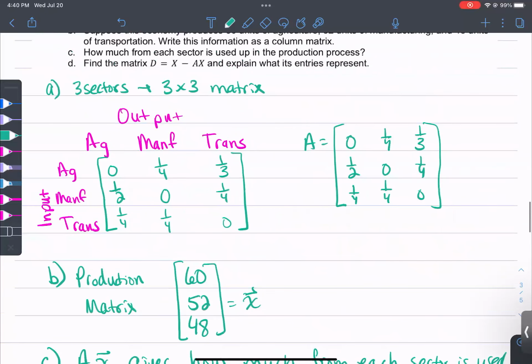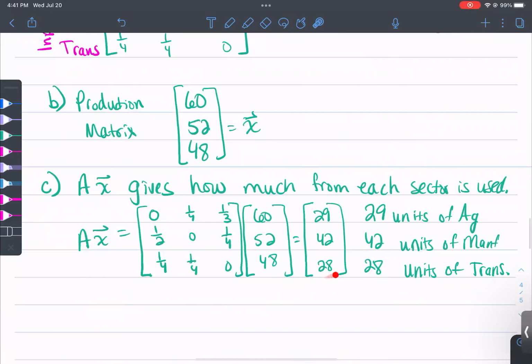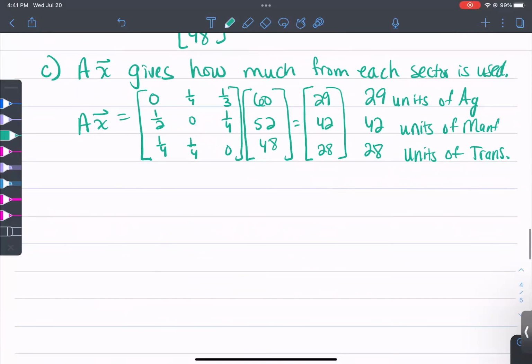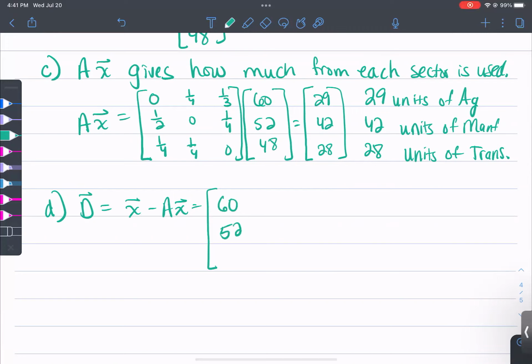Okay, and then part D asks us to find the matrix D, which is X minus A times X. So X is the production matrix we created in part B. A times X is the solution we found in part C. So to do part D, find the D vector, X minus A times X. Our production matrix was 60, 52, 48.